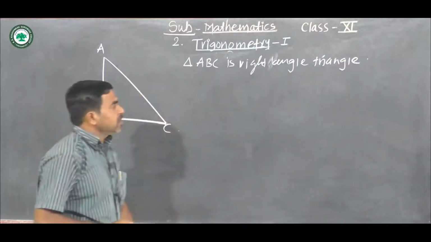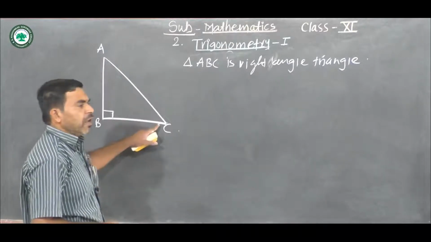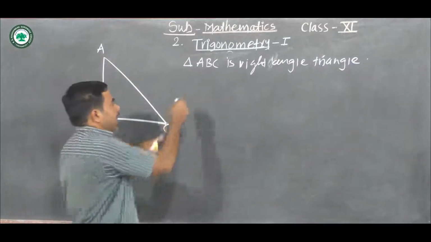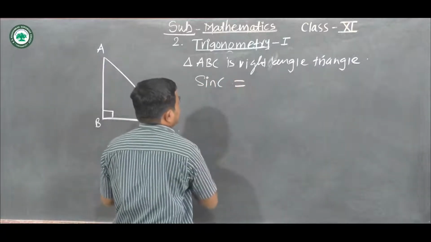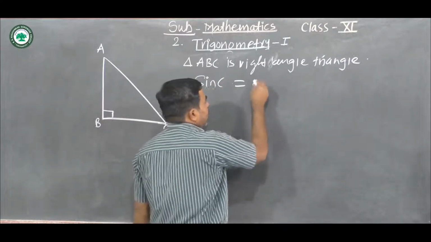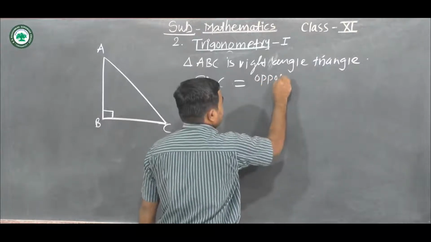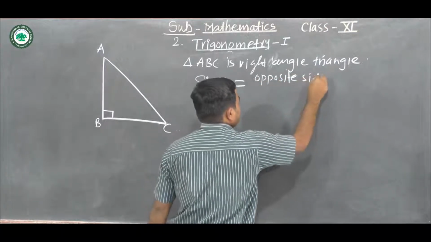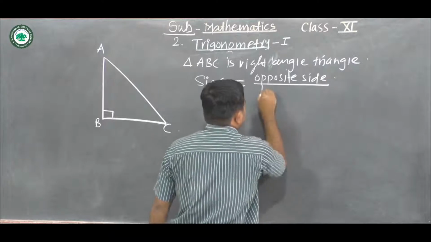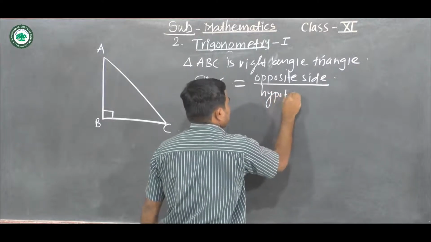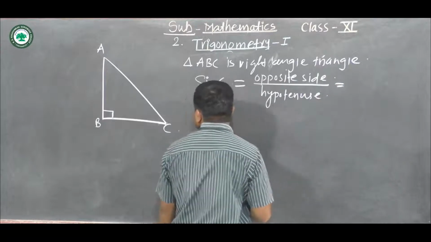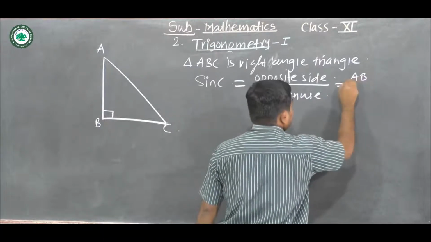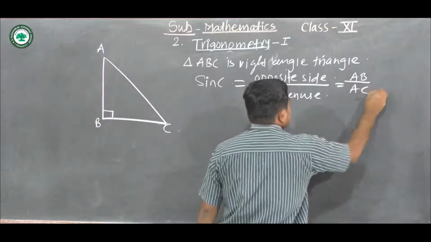Then we define the 6 trigonometric ratios of acute angle. If that acute angle is C, then sin C is equal to opposite side divided by hypotenuse. Now here opposite side is AB divided by hypotenuse is AC.